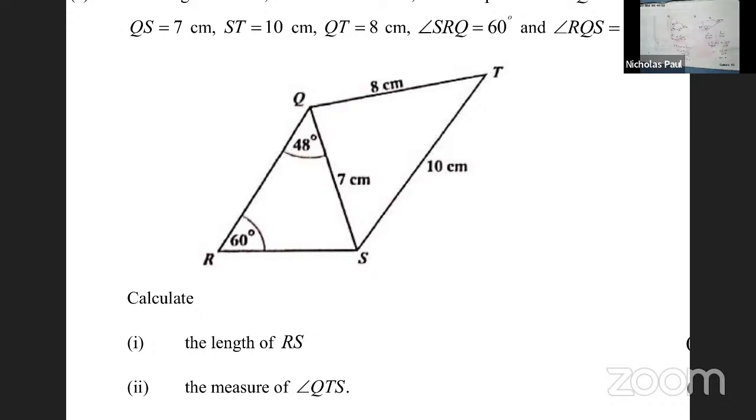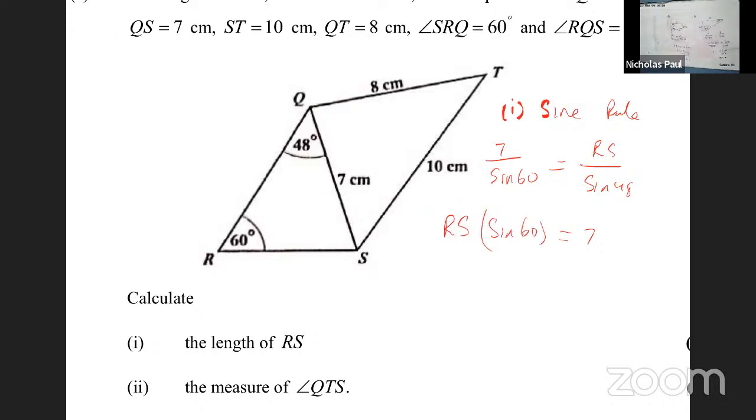All right, so let's check out part one. We're using sine rule. So it's 7 over sine 60 is equal to RS, that's what we're trying to find, over sine 48. Cross multiply, you'll get RS sine 60 is equal to 7 sine 48.